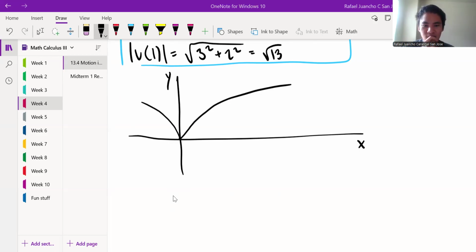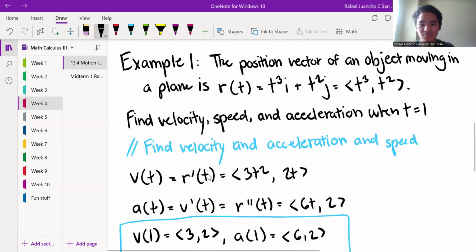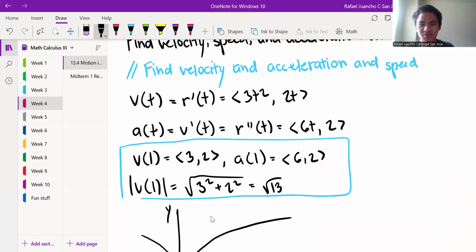Now, we have the point. Why is this 3, 2? What? 3i plus 2j? Okay.